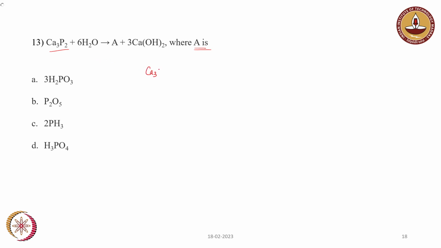So Ca3P2 plus 6H2O, so we are expecting to get hydride. So hydride of phosphorus, that will be PH3, and we'll have to balance the equation.